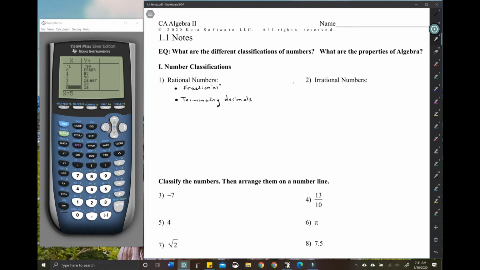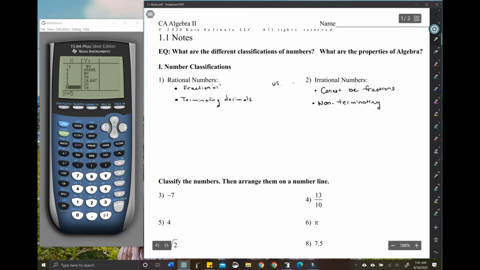So rational versus irrational. Irrational, on the other hand, cannot be represented as a fraction. So they cannot be fractions. And that just means that they are non-terminating decimals.